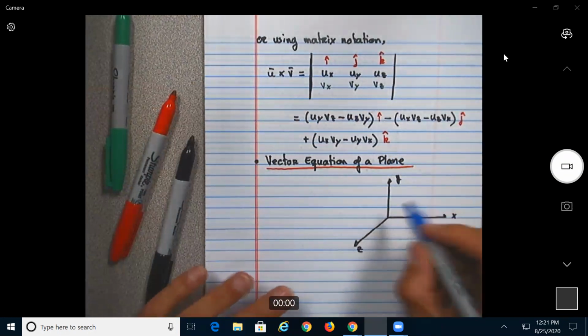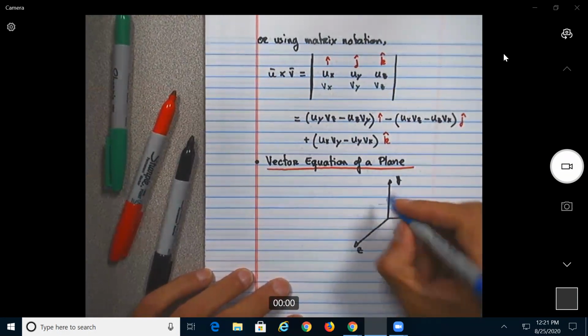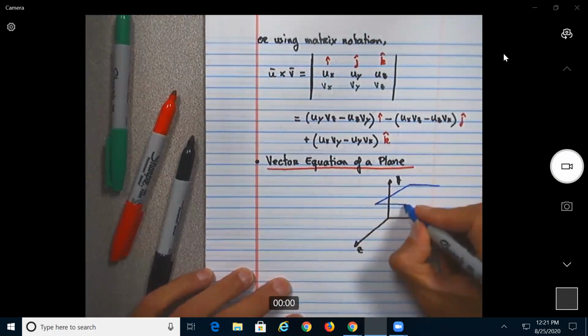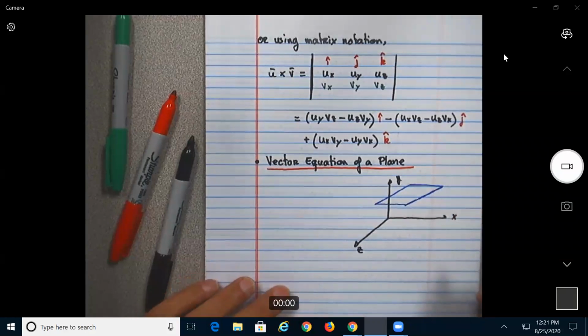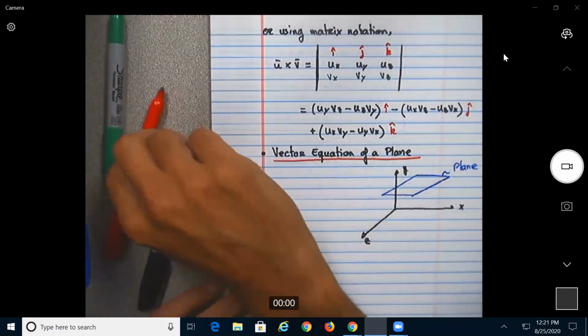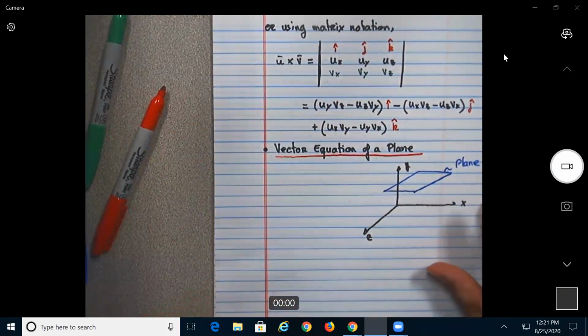I'm gonna do it kind of perpendicular, but just because it's easier for me, but it doesn't have to be perpendicular, okay? So let's say this is the plane.